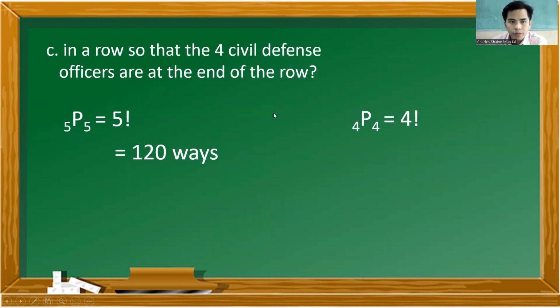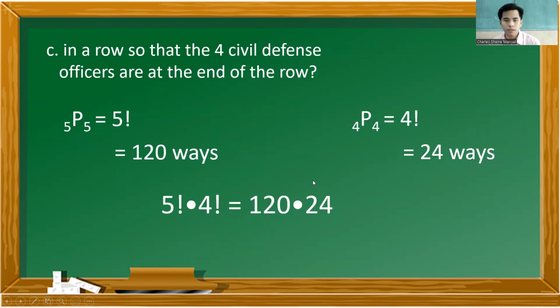And yung 4 civil defense officers naman, we have 4 factorial, and that is equal to 24 ways. So ang gagawin ulit natin is i-multiply natin yung 5 factorial and 4 factorial, and that is equal to 120 times 24 equals 2,880 ways.